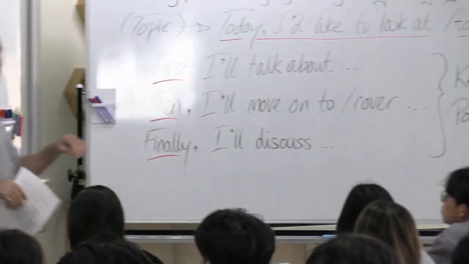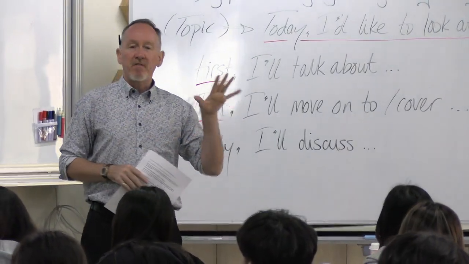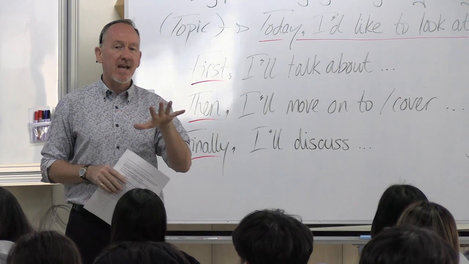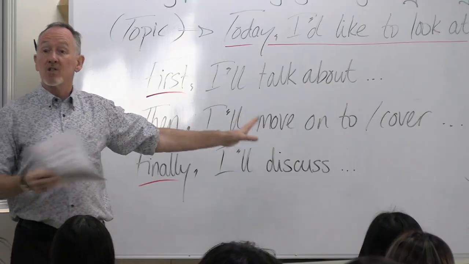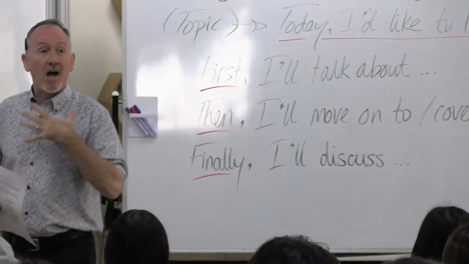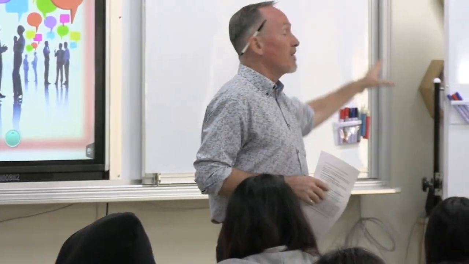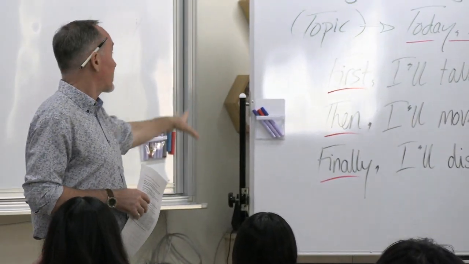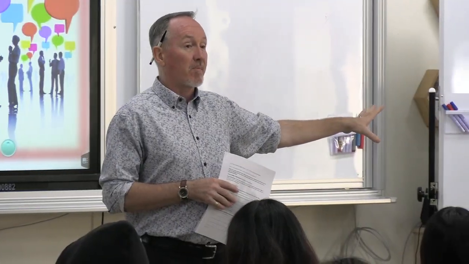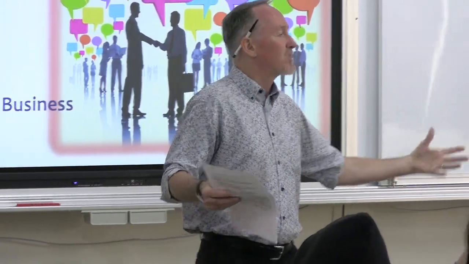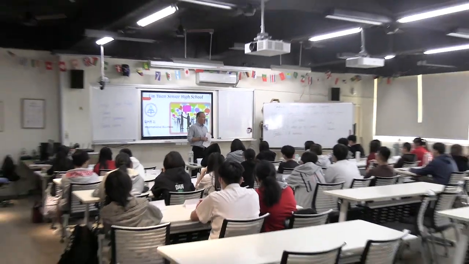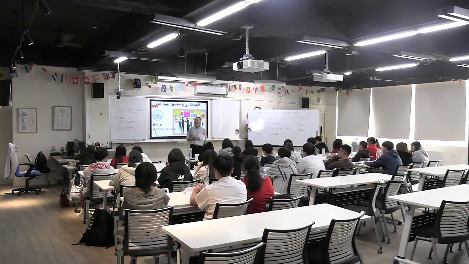And then I'm going to ask maybe 4 or 5 tables to introduce their topic using this language. So for example, today I'd like to look at my favorite musical group. First I'll talk about when they started, then I'll move on and talk about their biggest hits. Finally, I'll discuss their concert tour. Okay? Or something like that. Everyone understand? Yes? Okay.